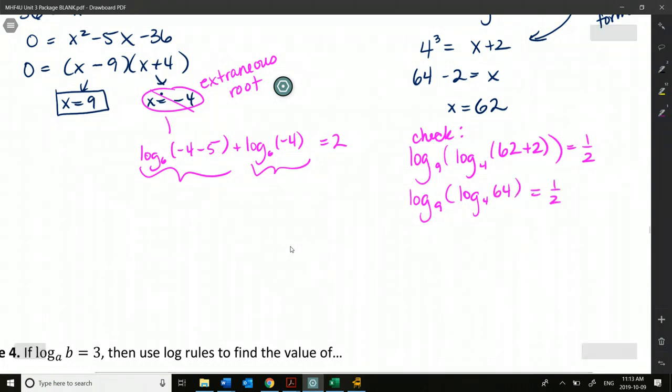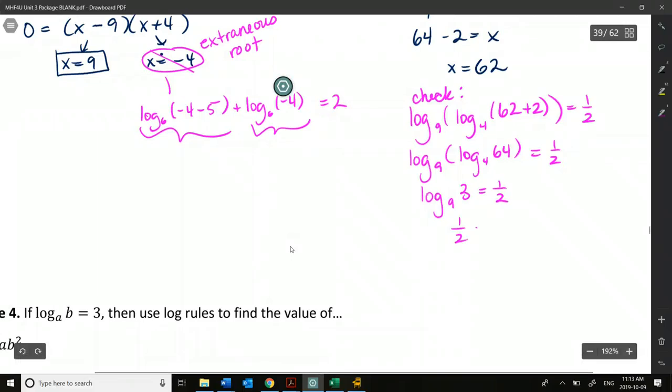I think we could calculate this without a calculator, right? 4 to what exponent equals 64? 3, okay? And then we would just need to check that, again, this is a permissible answer because we're not taking the log of a negative in either of those expressions. And 9 to what exponent equals 3? 1 over 2. So, perfect. So this is good. So 62 is a permissible answer.